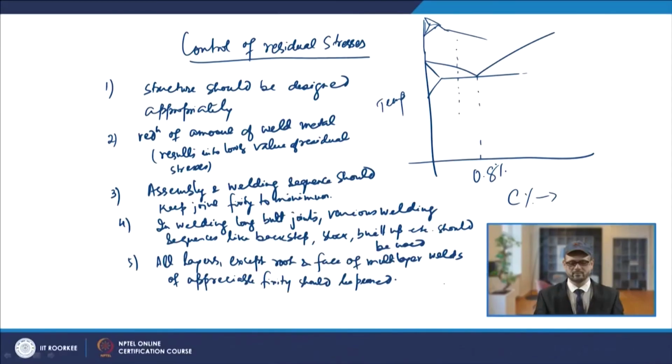Then the next point, after the five points we have discussed: while we are talking about the appropriate sequence of welding, we should also avoid in any case the bending stresses which are likely to be formed.